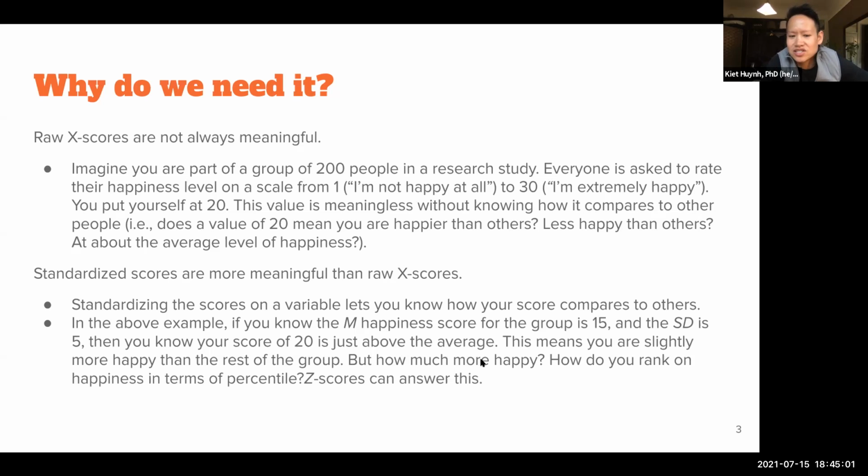It's about 1 standard deviation above the average, because 5 plus 15 is 20. That's 1 standard deviation above the mean. So this basically means you're probably in the average range or just slightly above in happiness level compared to the other people in this sample.